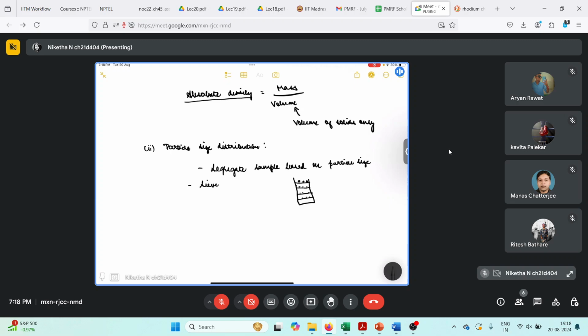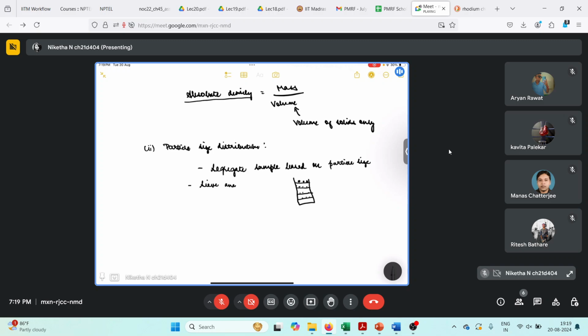The pore size at the top will be higher than the ones at the bottom. So whatever comes to the bottom will have a very fine particle size, and in between, in different sieves, based on the size of the particle, the particles will get retained. So that is sieve analysis.